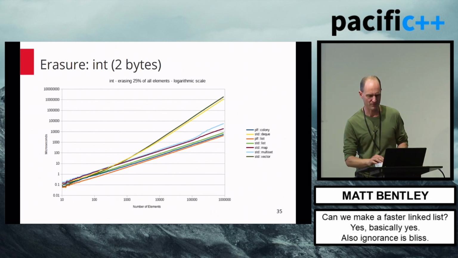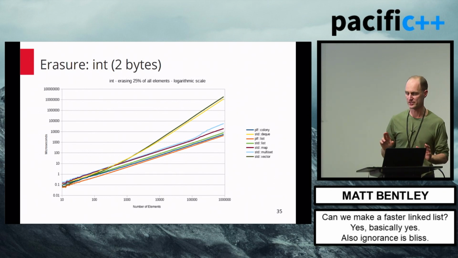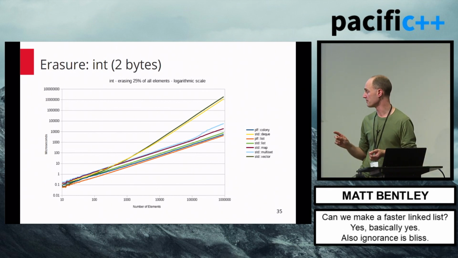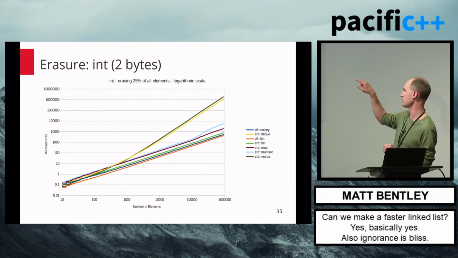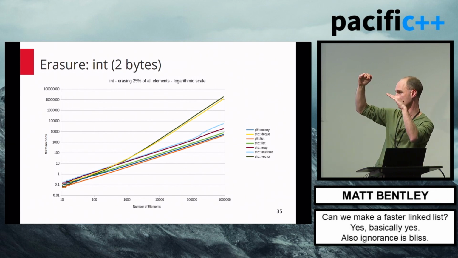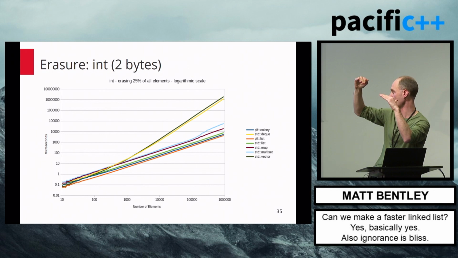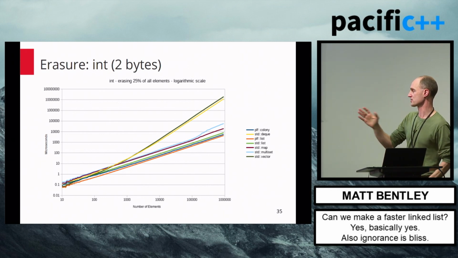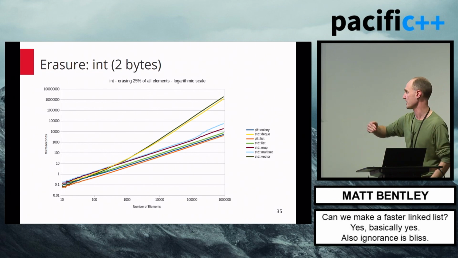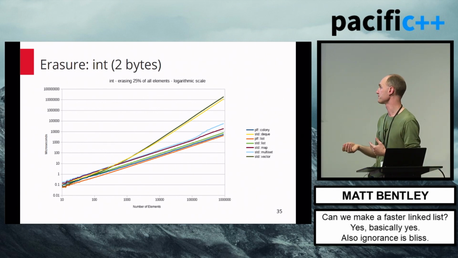So erasure, I haven't included remove_if results for vector and deque here because this is singular erasures. But I have done the results for remove_if, and they are basically the same as PLF list, but very slightly better. So this is erasing 25% of all elements while iterating across the container, erasing them at random.